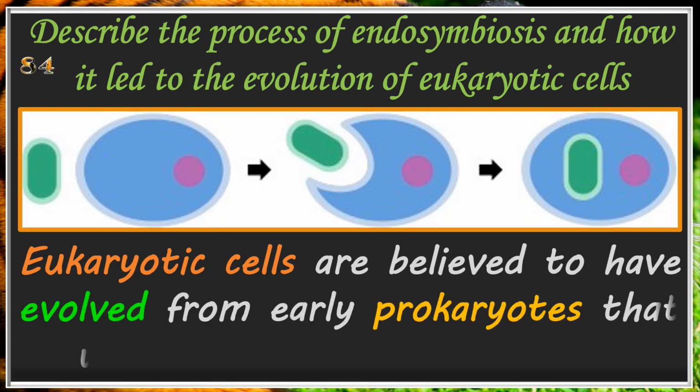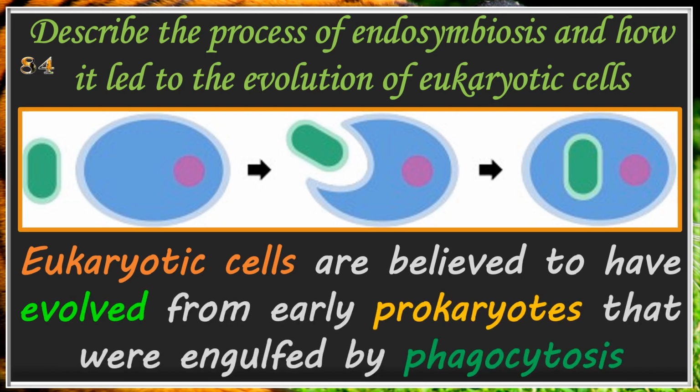Eukaryotic cells are believed to have evolved from early prokaryotes that were engulfed by phagocytosis.